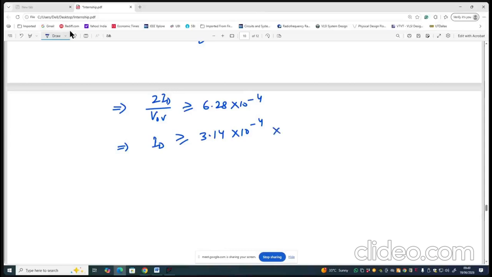Now we have the option to choose the value of VOV, and we know the typical value of VOV is in the range of 100 to 200 or 250 millivolt. So let's take 150 millivolts, so 0.15. So ID shall be greater than or equal to 3.14 into 0.15, so 0.47, which comes out to be 0.47 into 10 to the power minus 4, or say 47 microampere. Agreed?